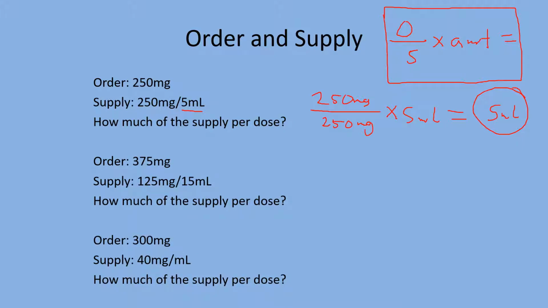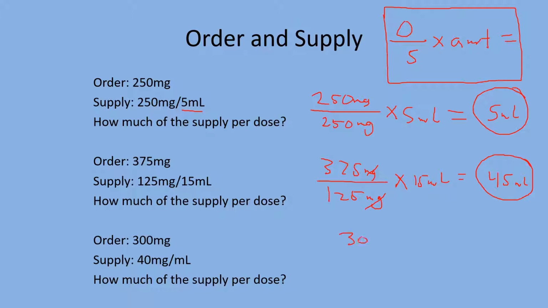For the next one, our order is 375, and our supply is 125 per 15 ml. So the milligrams cancel out. We're happy. So this would require 45 mLs worth. 375 divided by 125 times 15.